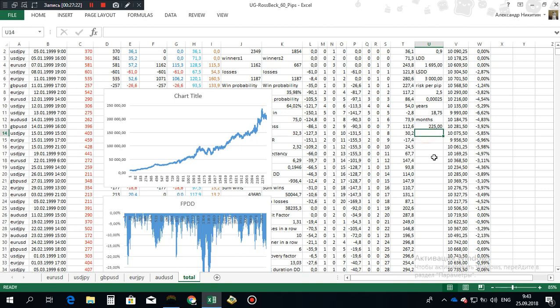Okay, now let's calculate the average annual return and average monthly return. So the average annual return is calculated this way. It equals, oh, the formula is a bit large.